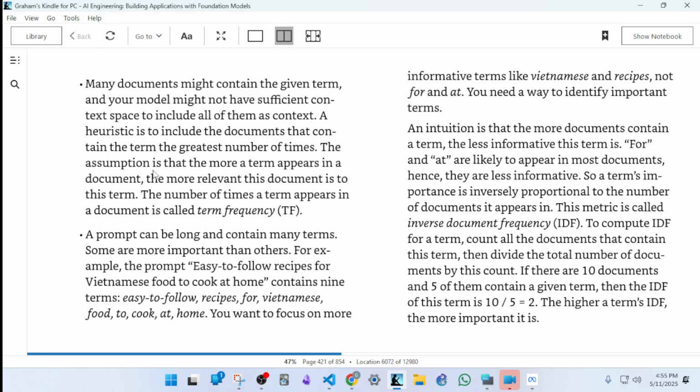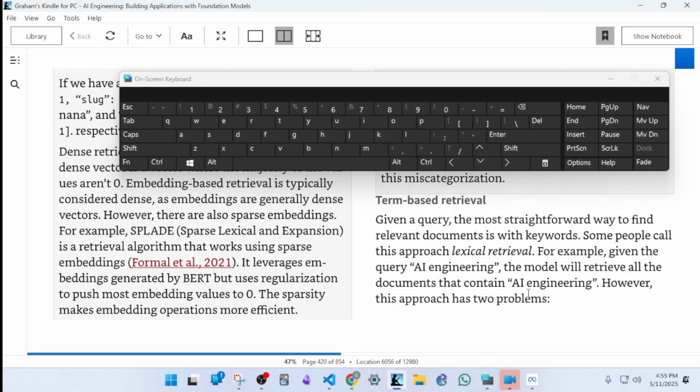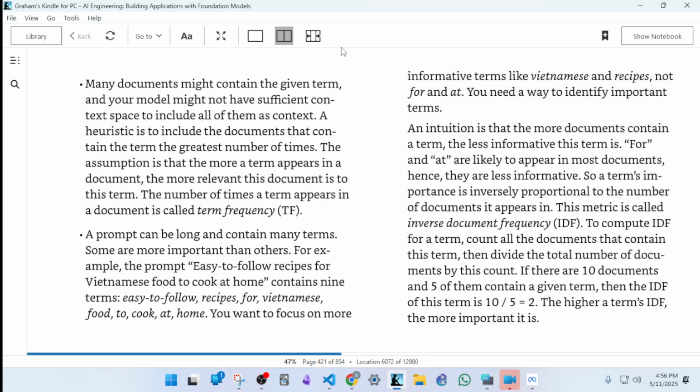So the first problem of keyword search, also known as lexical retrieval, is many documents might contain the given term, and your model might not have sufficient context space to include all of them as context.